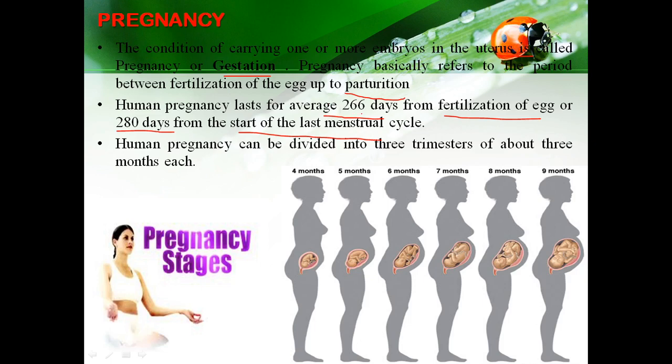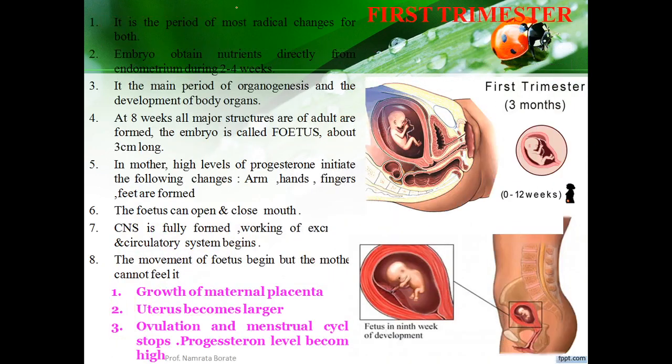This pregnancy period is approximately 9 months. It's divided into 3 trimesters, or stages, and each trimester is of 3 months. The changes that take place during the 3 trimesters are as follows.